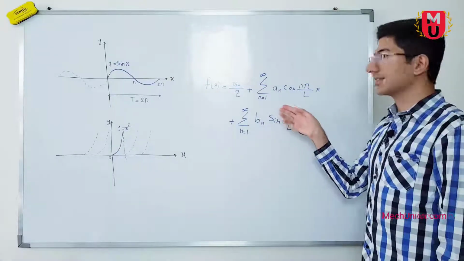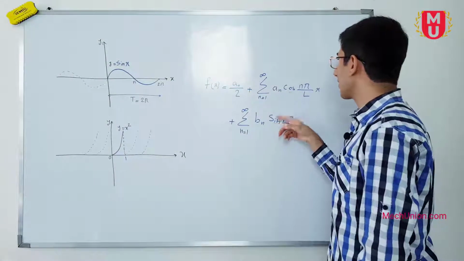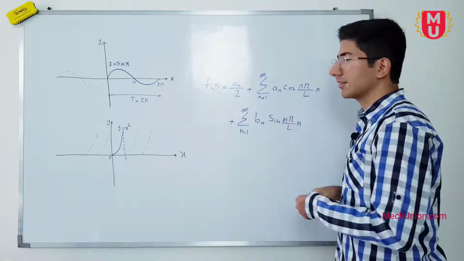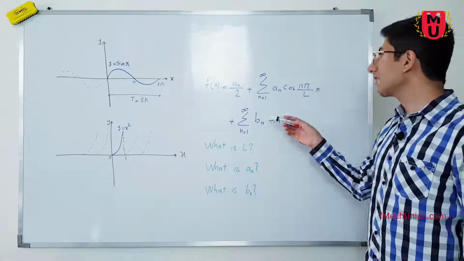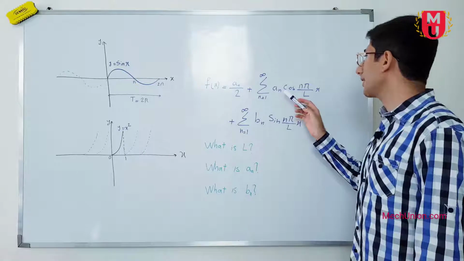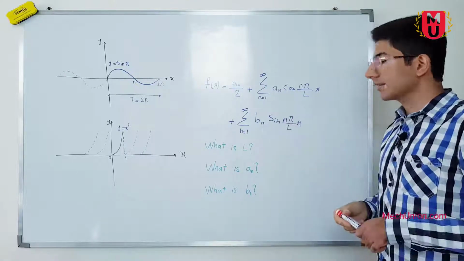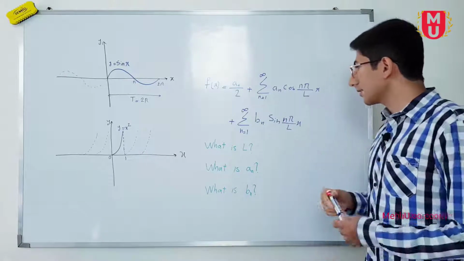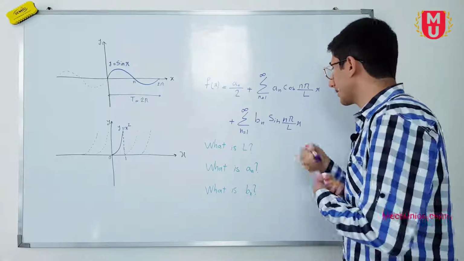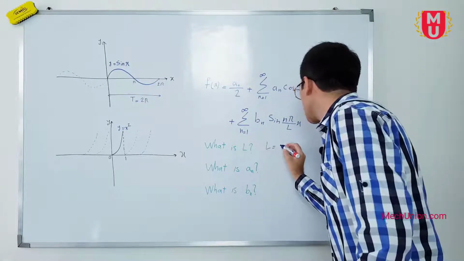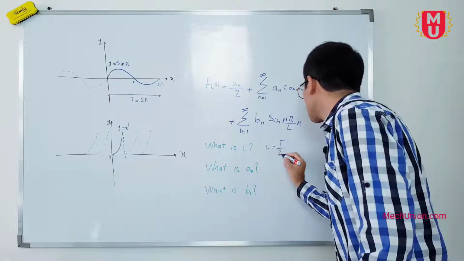Call this Fourier series. It's a bunch of sine and cosine and a constant number. You may have a question: what are these a naught, an, and bn, and L? L is 1/2 of the period. L equals T over 2.